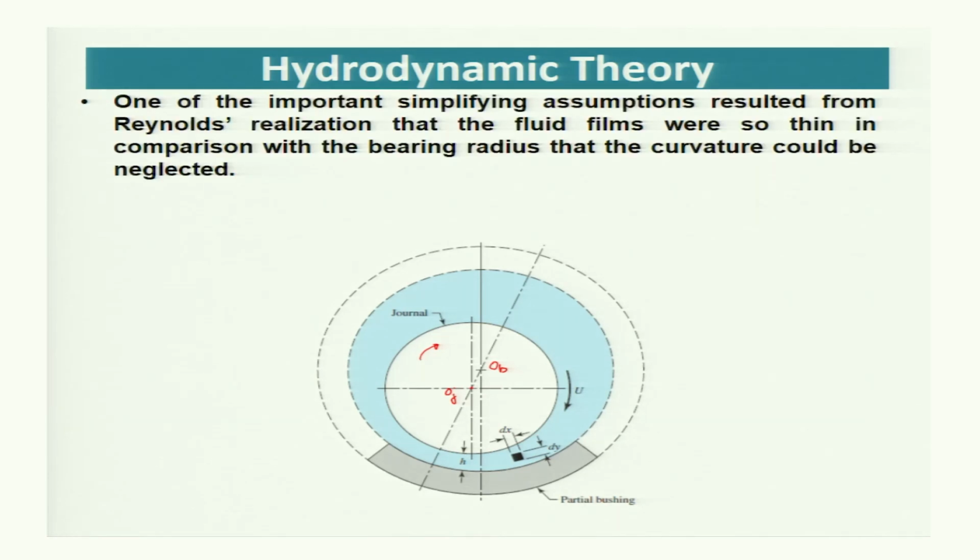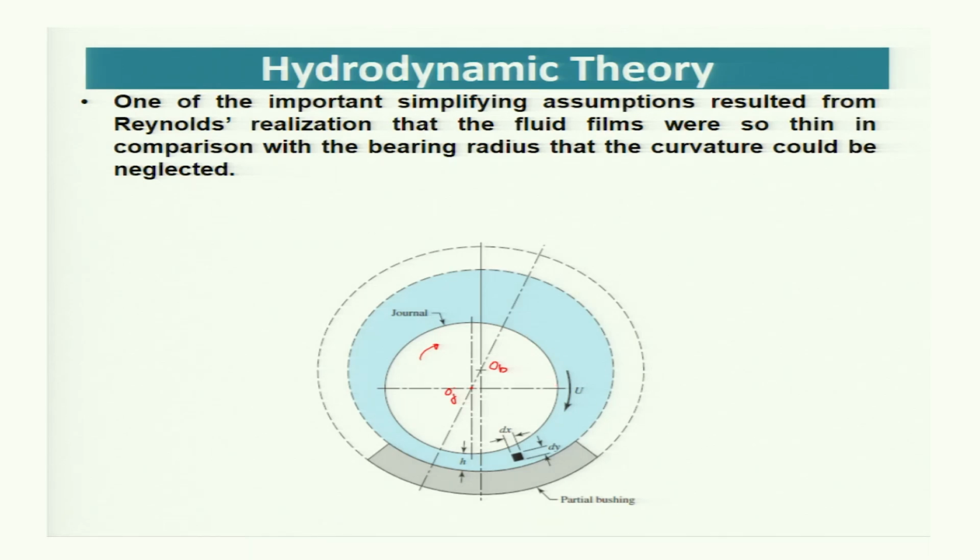So one of the important simplifying assumptions resulted from Reynolds' realization that the fluid films were so thin in comparison with the bearing radius that the curvature could be neglected. The clearance space which is shown in this figure is highly exaggerated. This much clearance is not there, it is very small in comparison to the radius of the journal and the bearing, and so the curvature effect is neglected.